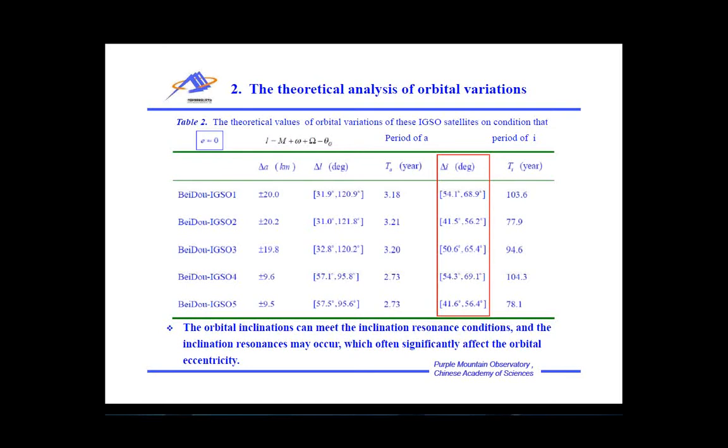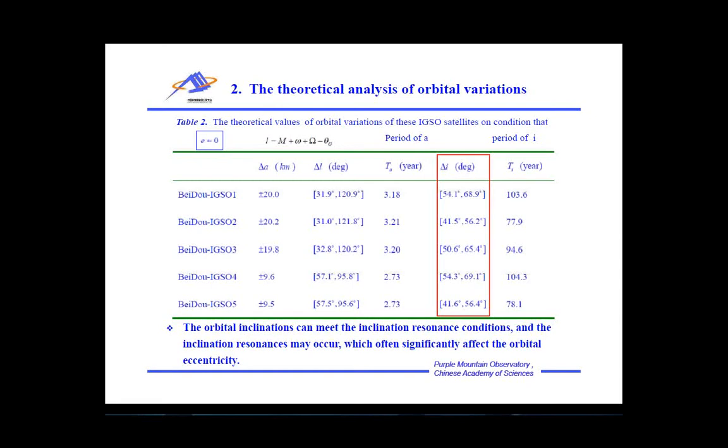This column gives the amplitude of the semi-major axis, delta A. For IGSO 1, 2, 3, it can reach 20 kilometers, and for IGSO 4 and 5, it can reach 10 kilometers. And this column shows the period of A. It's around 3 years.